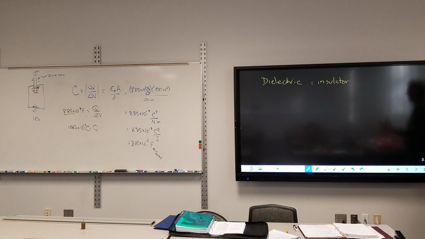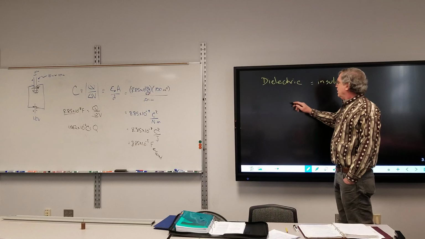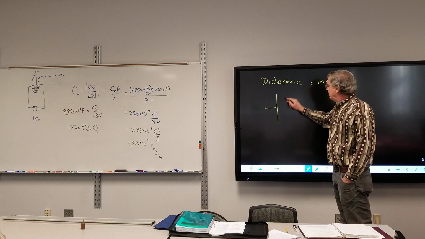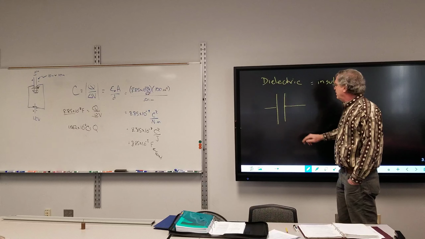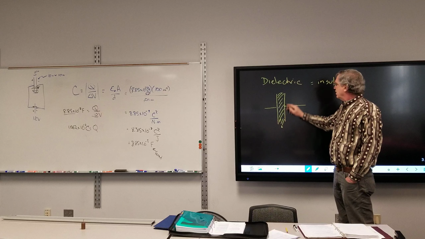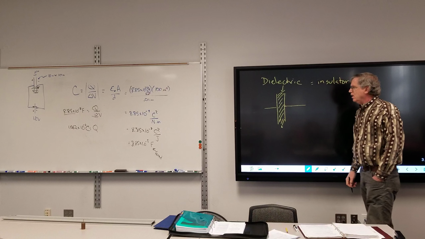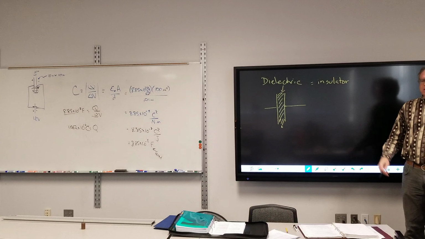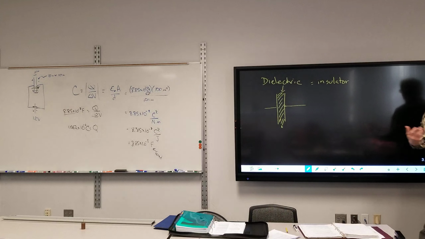I don't think I really see dielectric as part of other things, otherwise it's just called an insulator. So I put something in between here. Because it's an insulator, I'm not going to get charges moving back and forth.